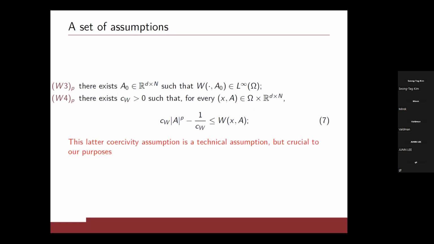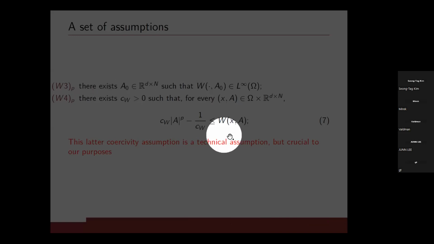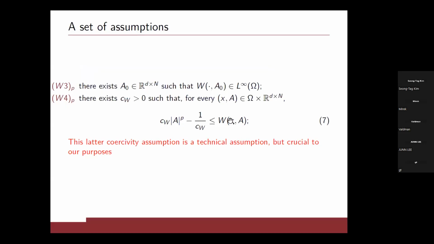And also we have some technical assumptions which are not really nice, but this was what we could do so far. So somehow we are considering that the original energy bulk density W has some p-coercivity. These are assumptions that so far we could not remove.